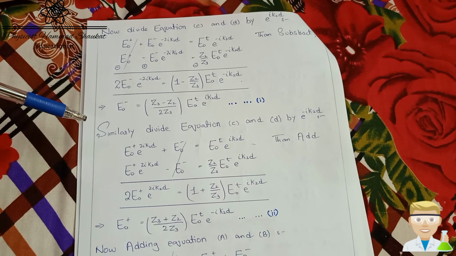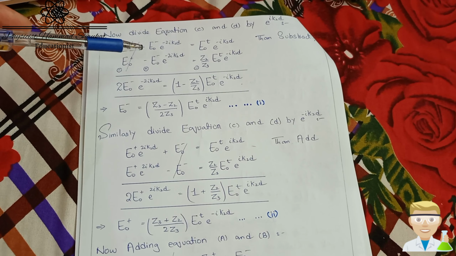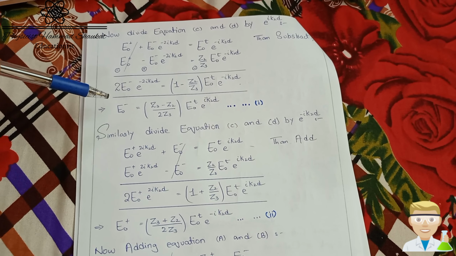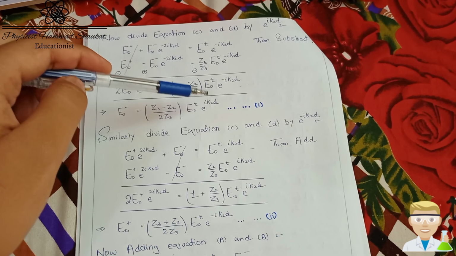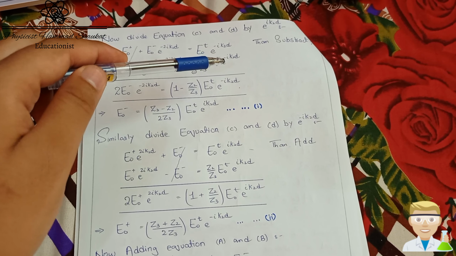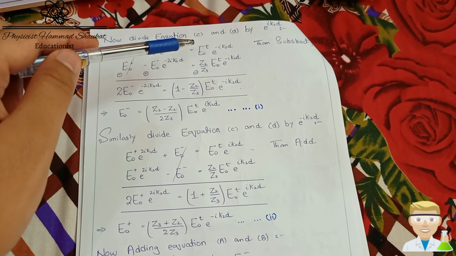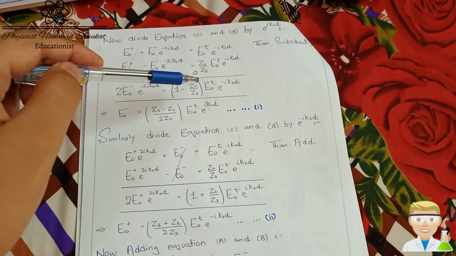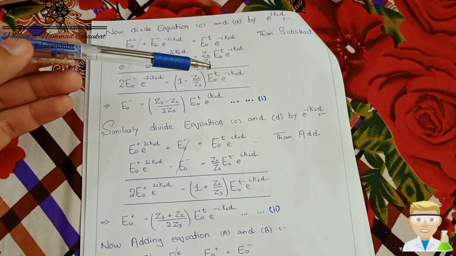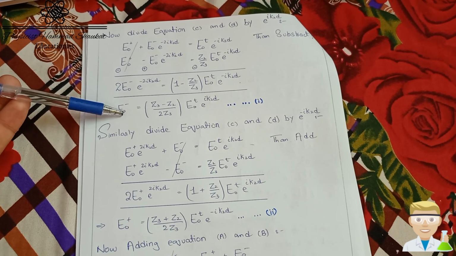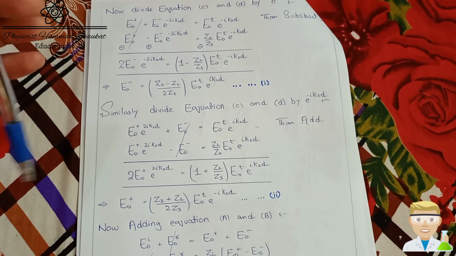By subtracting, you can change the signs below. So E0 plus cancels with E0 plus, and E0 minus plus E0 minus becomes 2 E0 minus. Taking e power minus iota kd common, and E0 t common, what is left is 1 minus z2 by z3. Our task is to first find E0 minus, the reflected back electric field, and then find E0 plus.